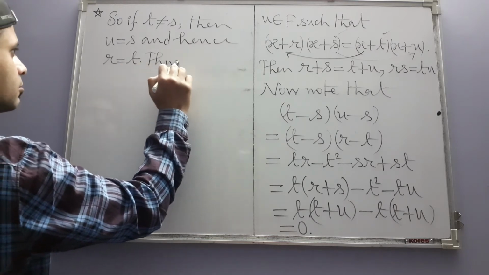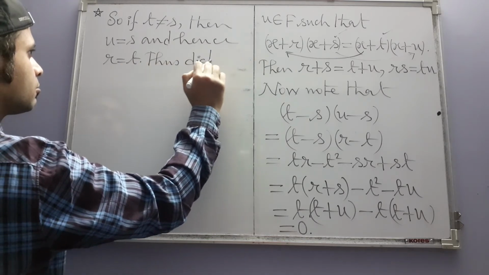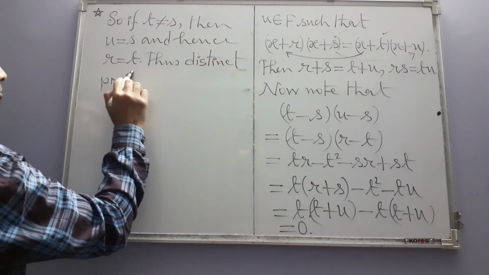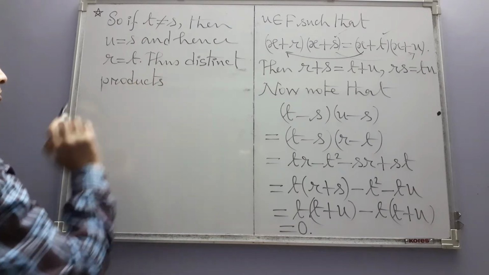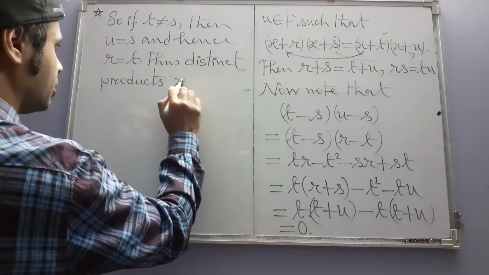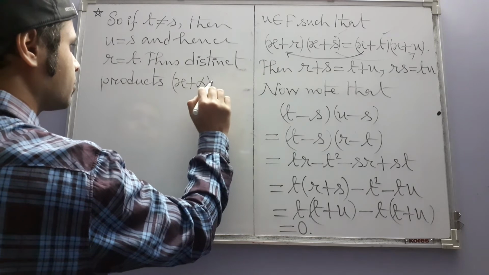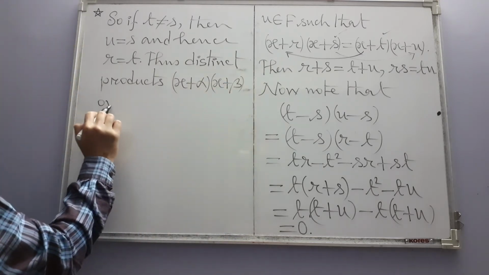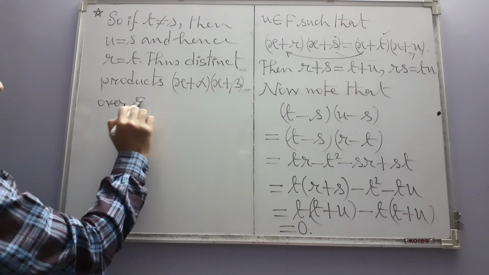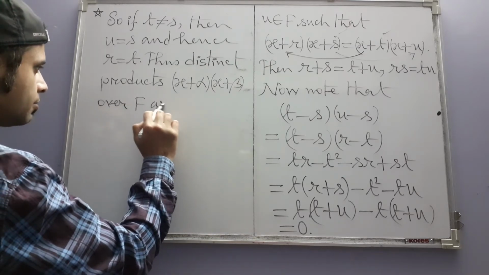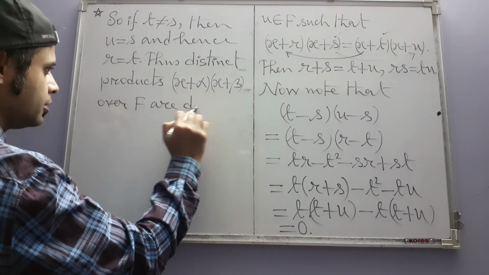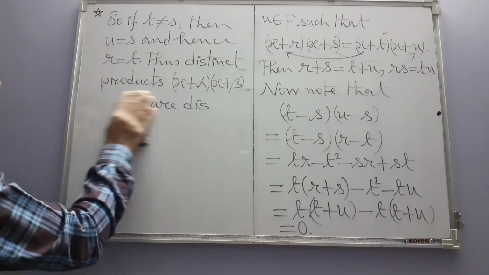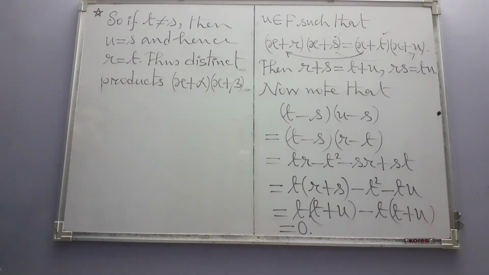Thus distinct products x plus alpha times x plus beta over F are distinct, or instead of writing over F, let me write in F[x].